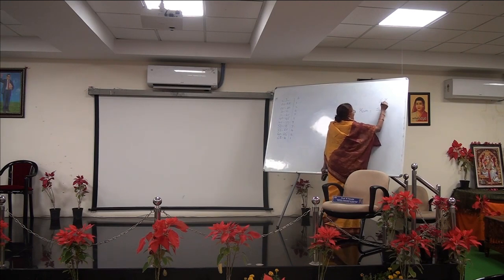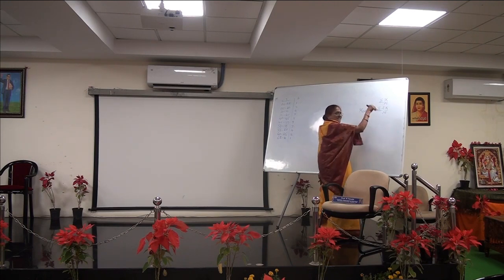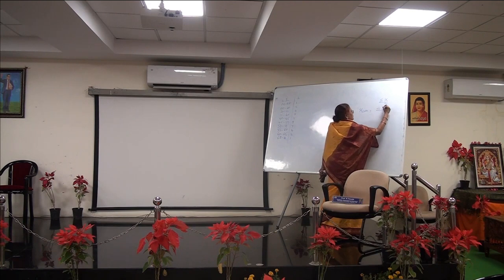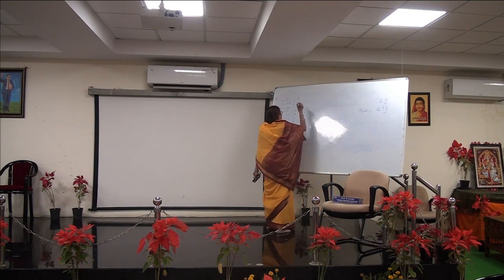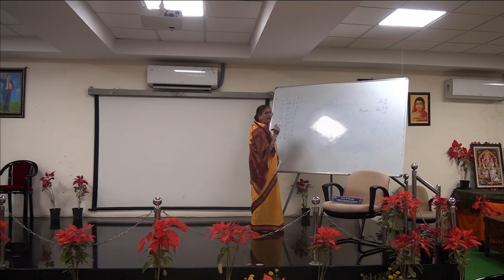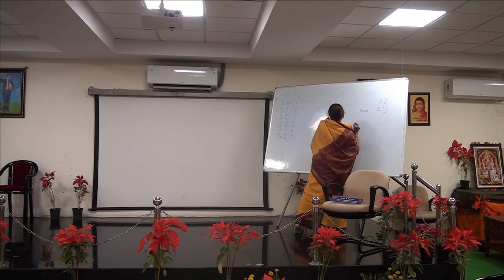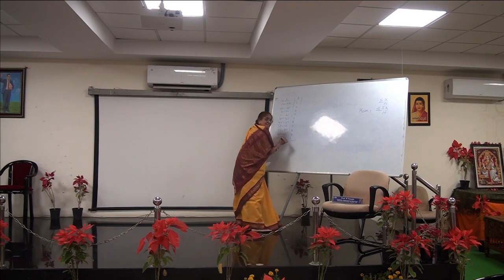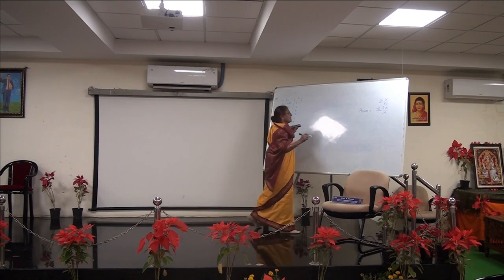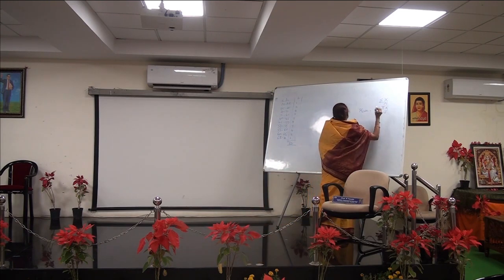Sigma X by N. Because this is grouped data, we add f, so sigma fX by N. We know N, the sum of the frequencies. It is 50.